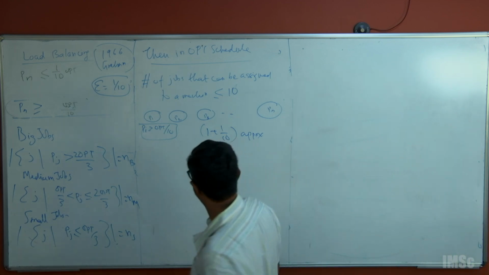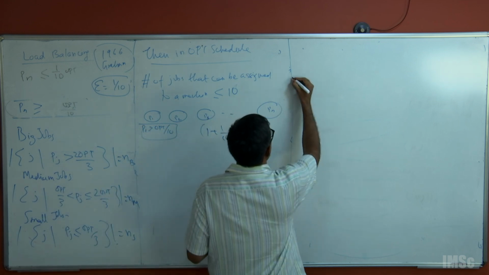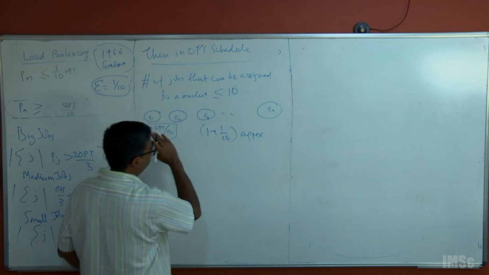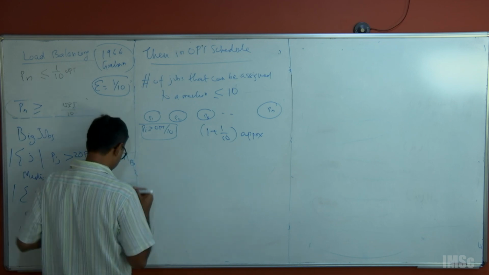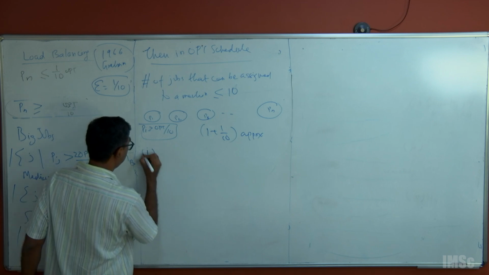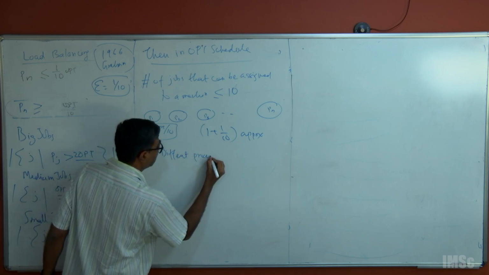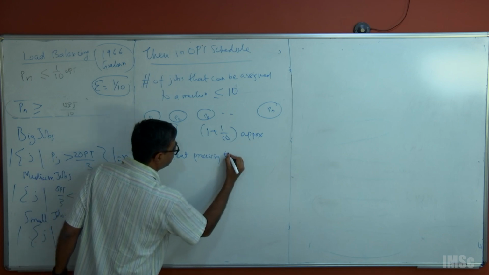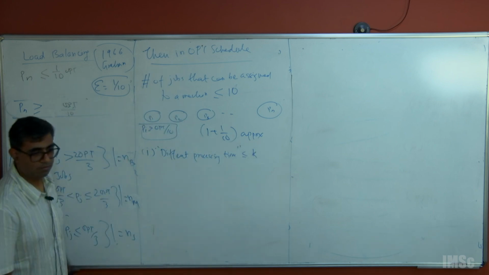And suppose for now, look at this processing time. I write something more: the number of different processing times is less than or equal to k. You understand what is the meaning of different processing time?